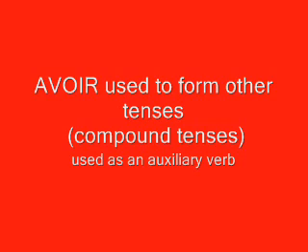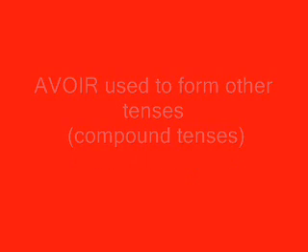But I didn't discuss this aspect of avoir because this is quite complex, and I told you that we will study this form of avoir later when we study the compound tenses, le passé composé, le plus-que-parfait, le conditionnel passé, any tense that uses avoir or être.